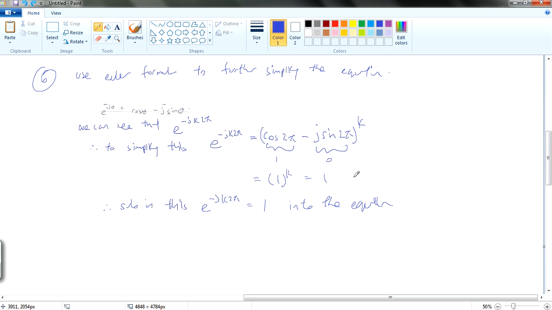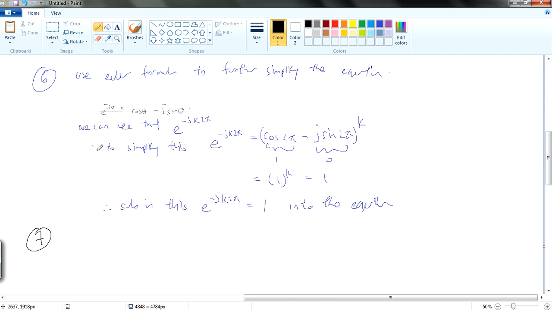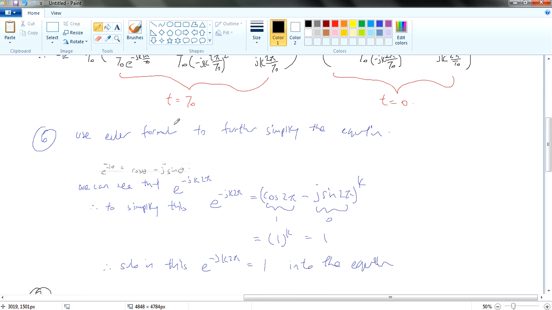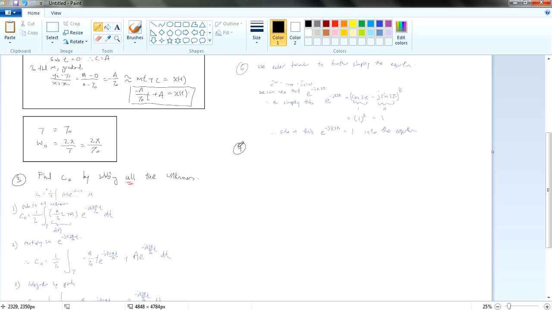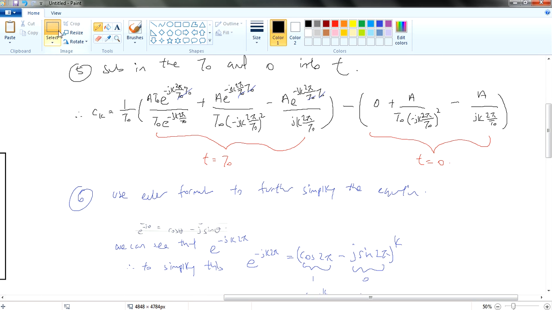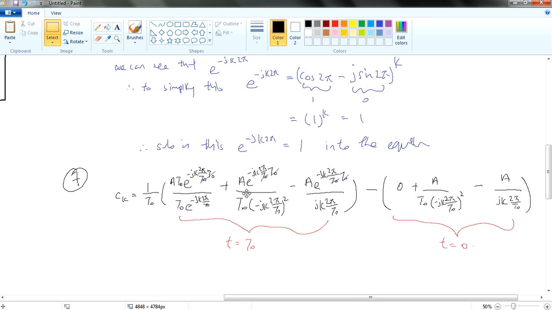I no need to highlight. So therefore, let's go back to the 7. So we have, okay, so this portion is e minus jk 2 pi, right? Maybe I can copy this whole chunk, then that will be easier to do, right?